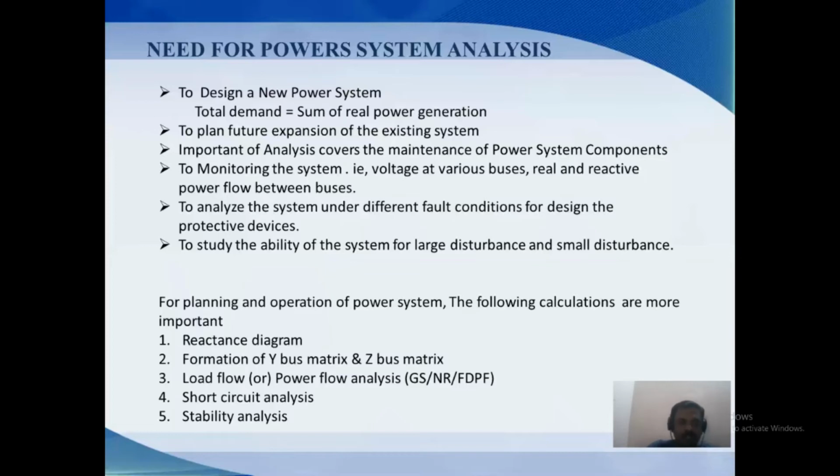It is important. Here the stability is transient stability: sudden disturbances like lightning and overload. At that time, how does the power system react, or what are the characteristics of the power system? That can be studied using stability analysis. Small disturbance stability analysis is also studied here.